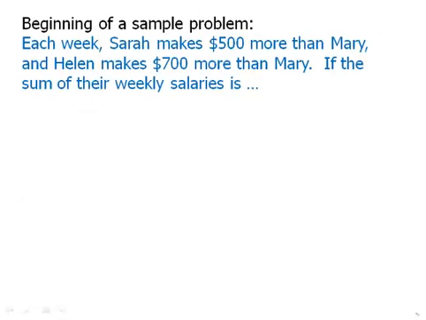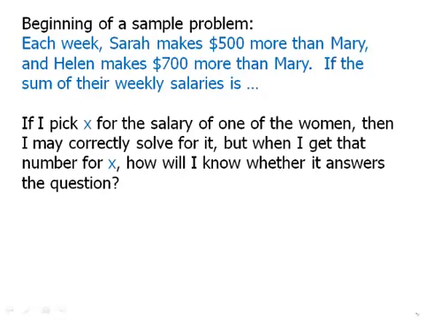For example, this is the beginning of a sample problem. Each week, Sarah makes $500 more than Mary, and Helen makes $700 more than Mary. If their sum of the weekly salaries is blah, blah, blah. So you can imagine that problem continuing. If I pick X for the salary of one of the women, I may solve for it correctly, but when I get that number X, how will I know whether it answers the question?